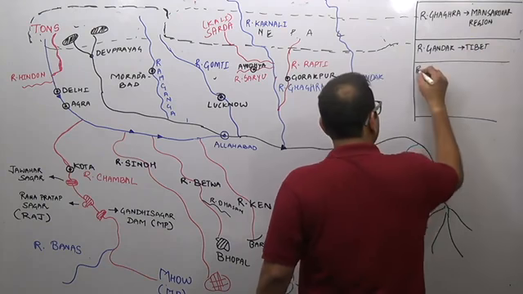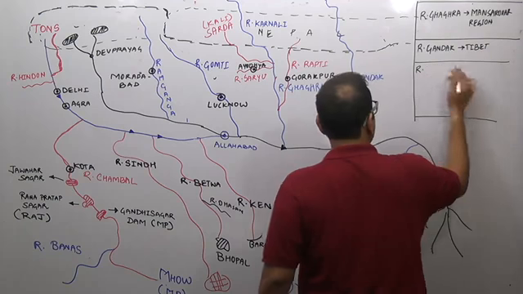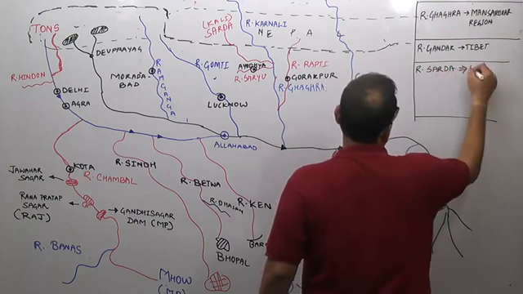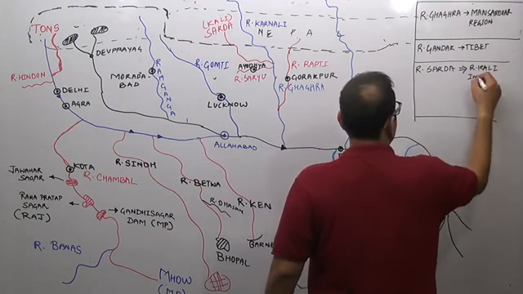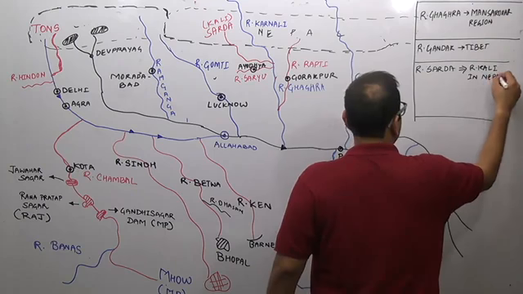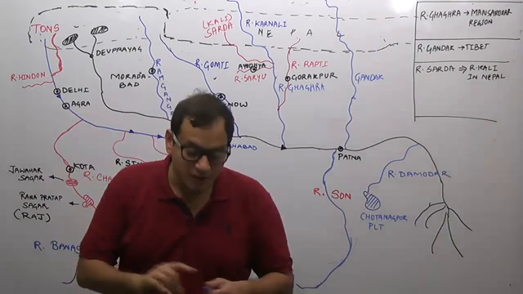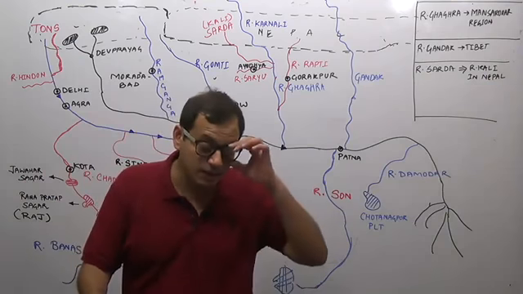River Sarda is known as River Kali in Nepal. We have done in our border class that there is a treaty, the Kali treaty; River Sarda is known as Kali in Nepal.